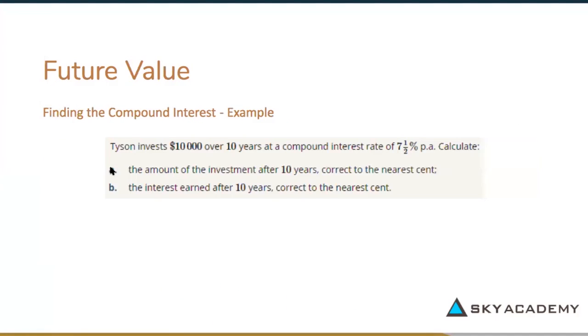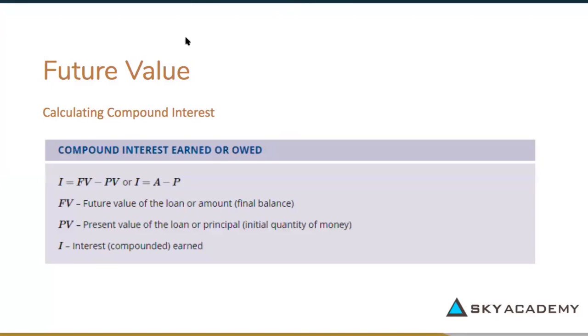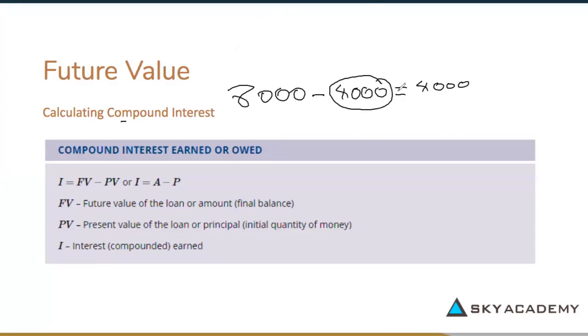So if I have a future value of $8,000 and I had a present value of $4,000, the interest would be the difference between the two, which would be $4,000. This means that when I invested my $4,000, it gained another $4,000, and the difference between the two is interest, and that's how much it increased by.